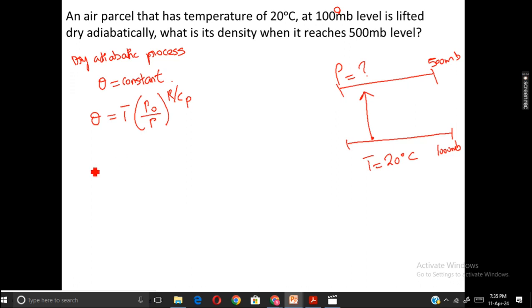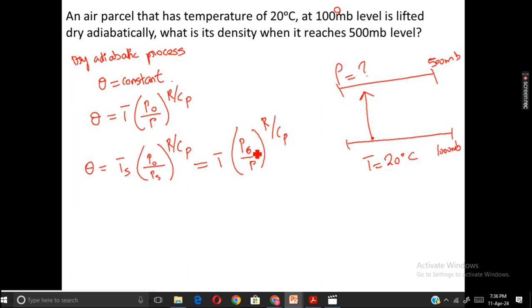The value will be the same. So we can write Ts into (P0 by Ps) raised to R by Cp equal to T into (P0 by P) raised to R by Cp. This is for the surface and this is for the pressure level P.